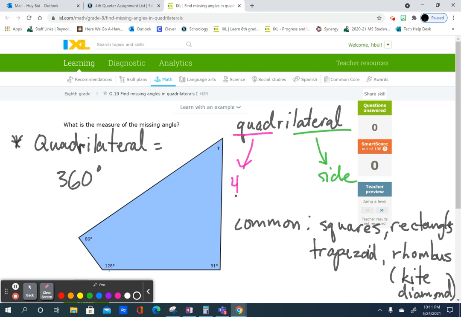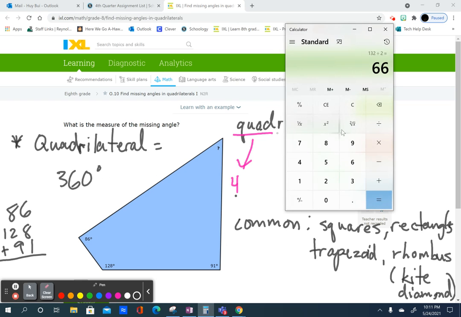So here we've got three angles. We've got 86 plus 128 plus 91. It's got three numbers here, so I'm just going to jump into a calculator. 86 plus 128 plus 91 equals 305.